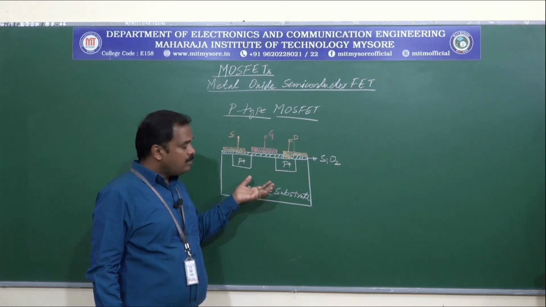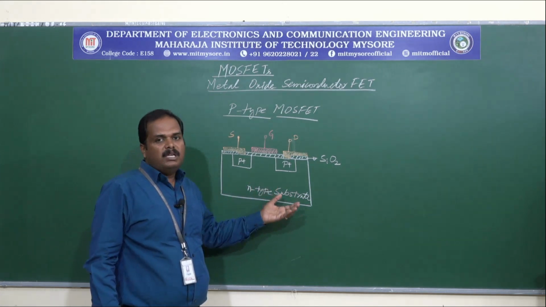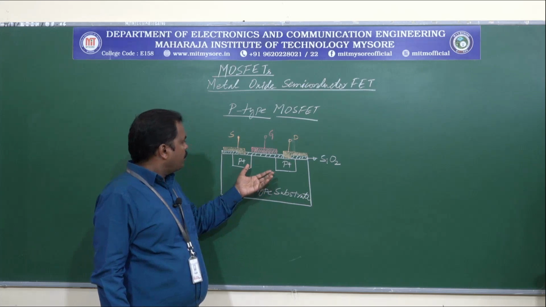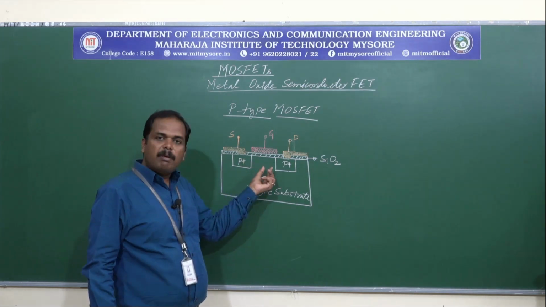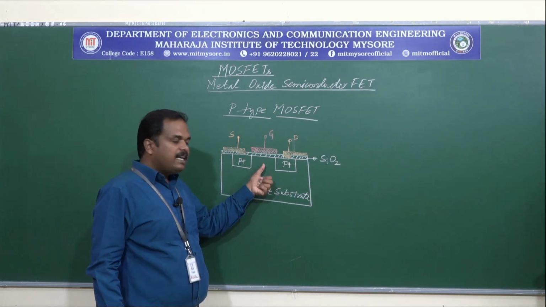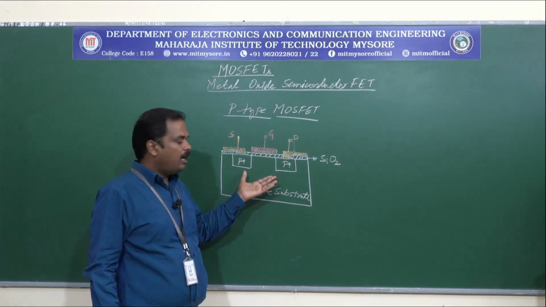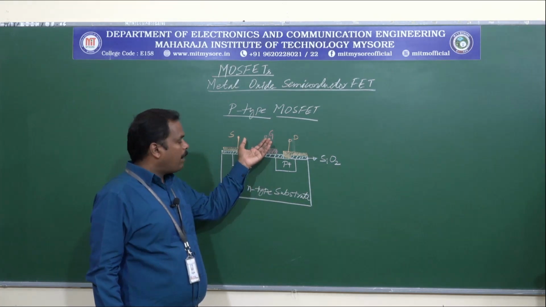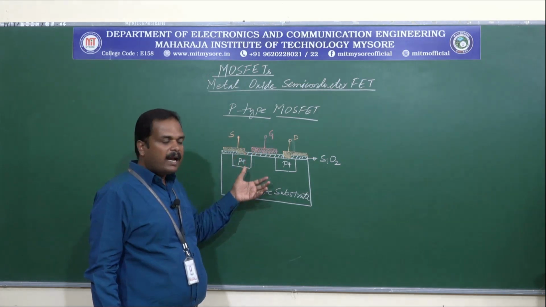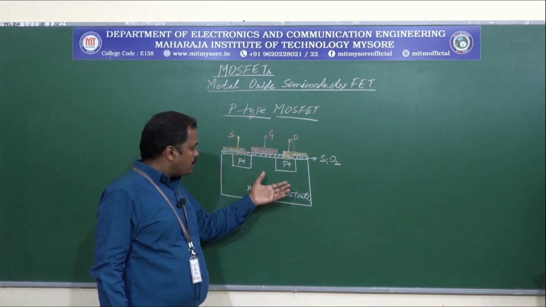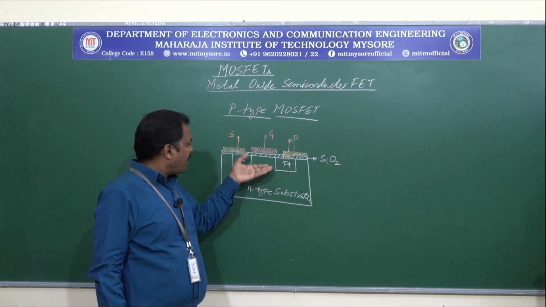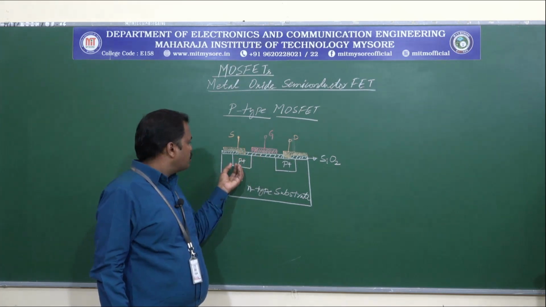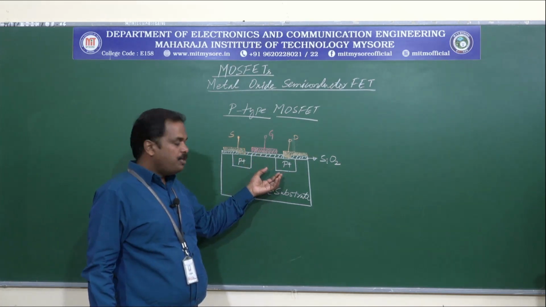So the operation looks similar to the N-type device. So here too there will be no channel by default. So what we have is N-type layer, there is no channel available by default. So to create the channel, what we'll do is we'll apply the gate voltage that will attract all the holes available in the N-type substrate under the gate region and also holes from the source region.